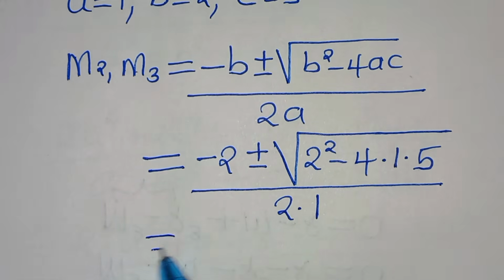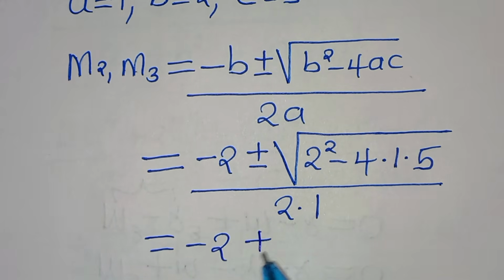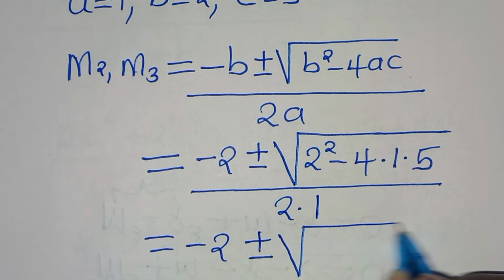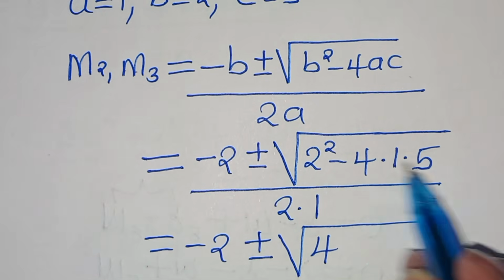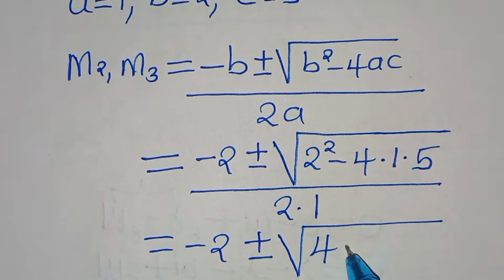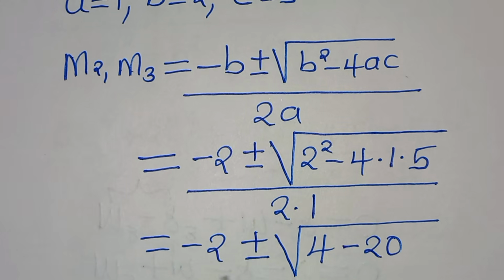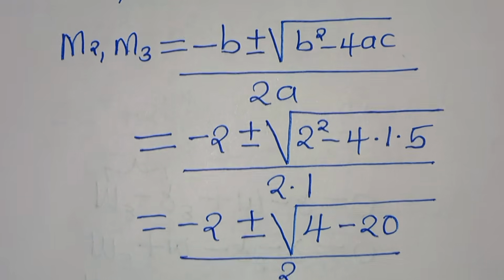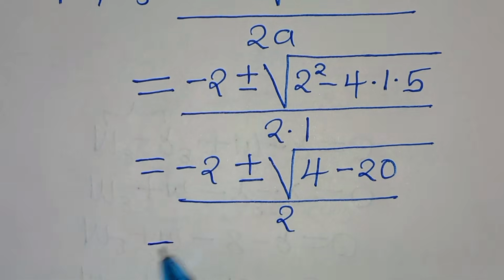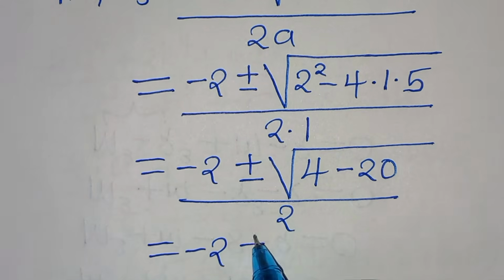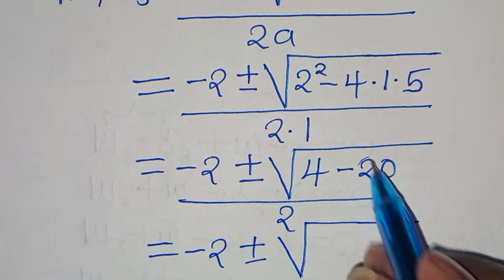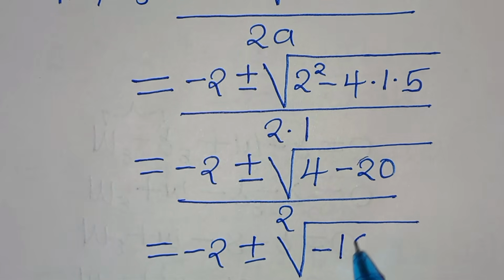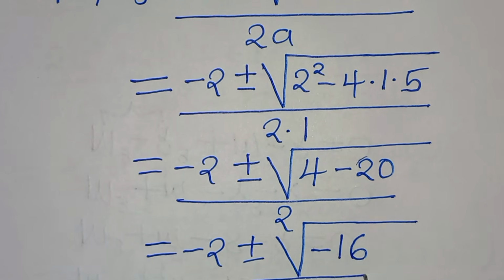So this is equal to minus 2 plus or minus the square root of 2 squared, this is 4, then minus 4 times 1 times 5, this is minus 20, everything divided by 2. So this implies that we have minus 2 plus or minus the square root of 4 minus 20, this is minus 16, everything divided by 2.